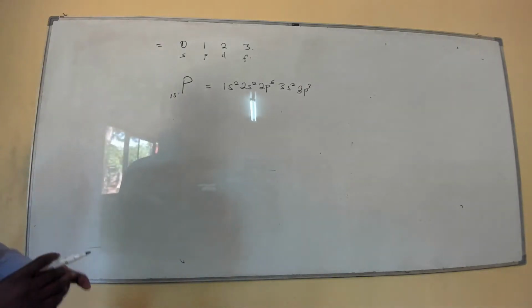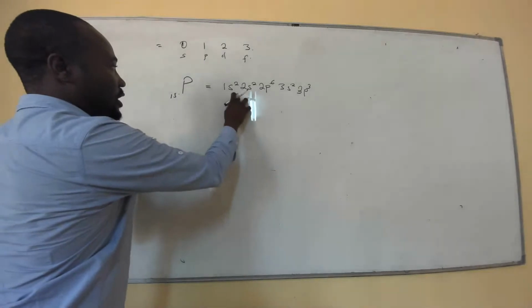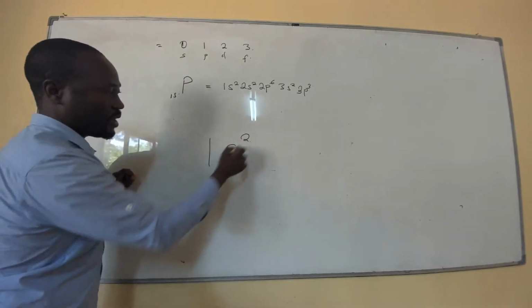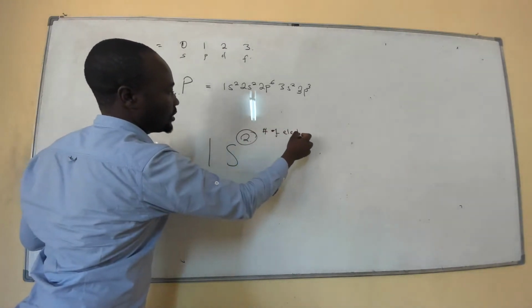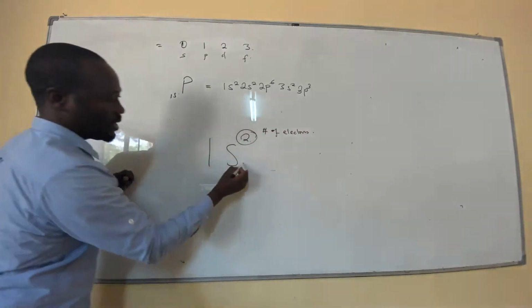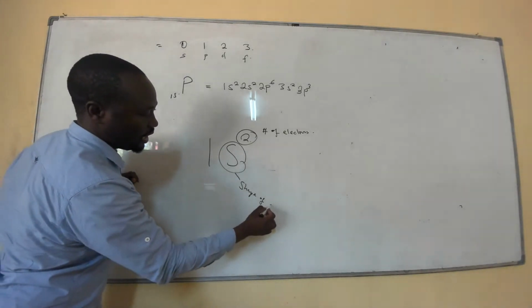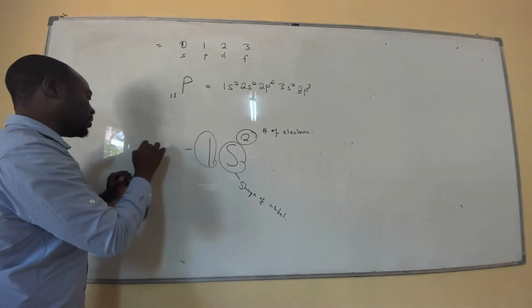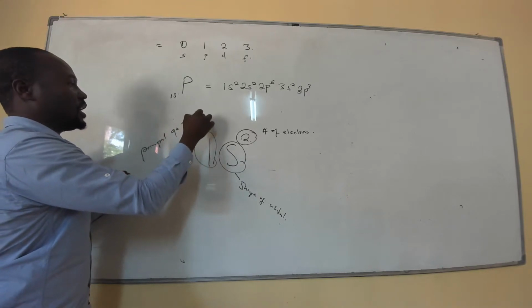Note that if you're writing this, let me express it: this is the 1s, this is the number of electrons, this is the shape of an orbital, and this is the principal quantum number, which is n.